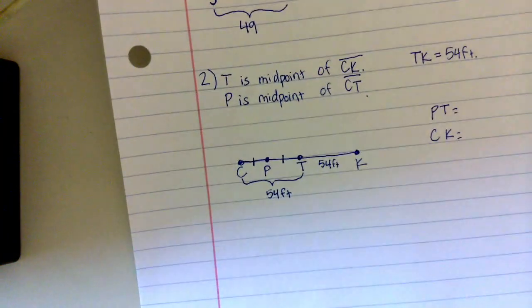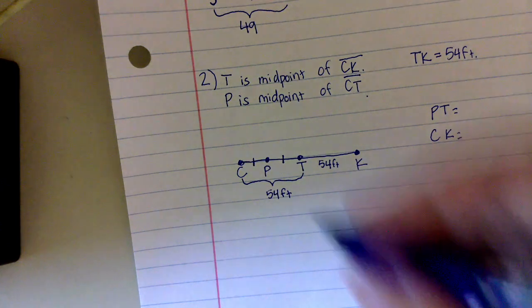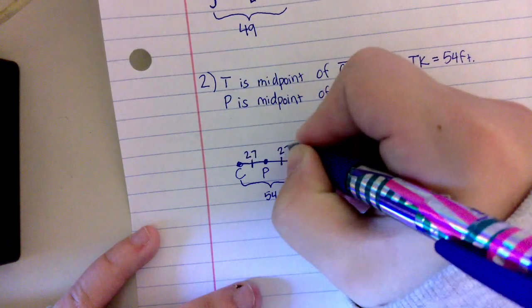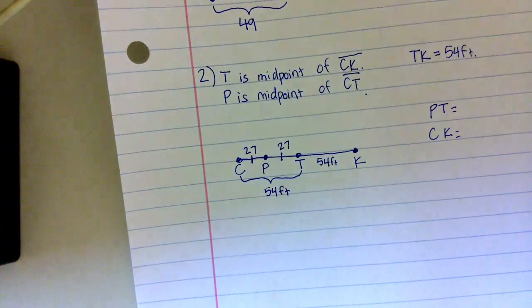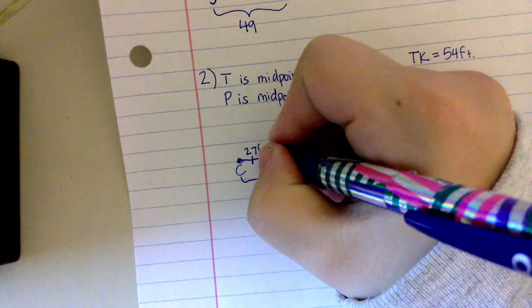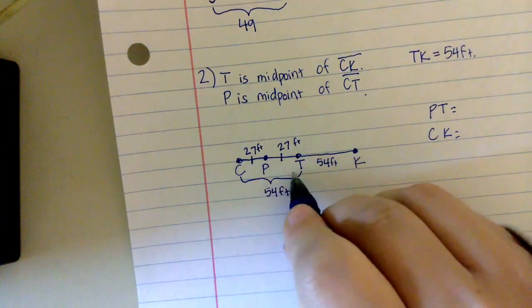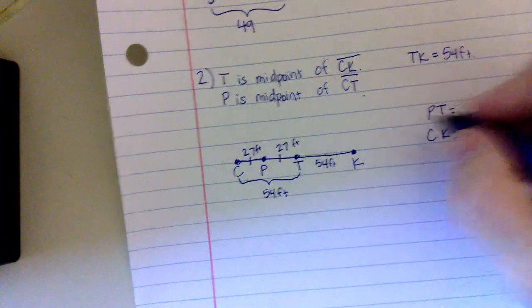So we can do 54 divided by 2, and we get 27. So that's our first one, P to T is just 27.